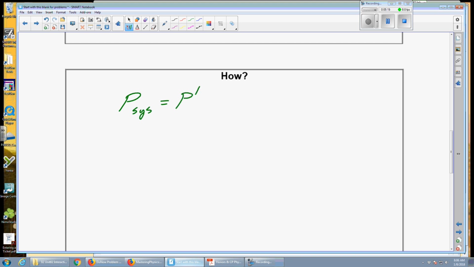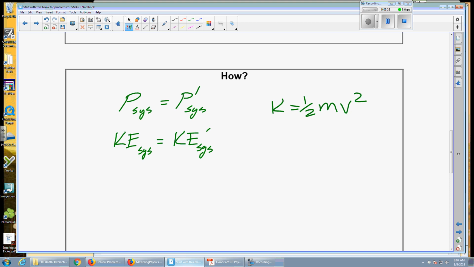I know my kinetic energy is going to be conserved, so I could write that also if I wanted to. I should write the definition of kinetic energy and my equation for momentum.